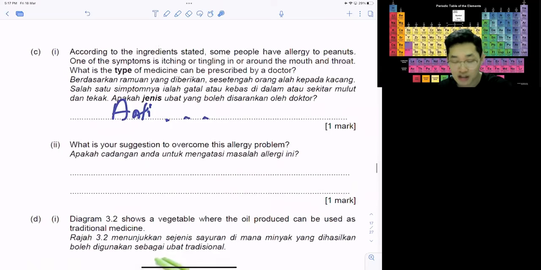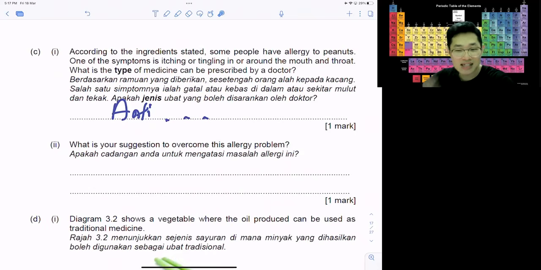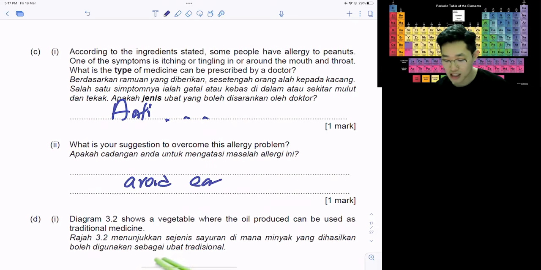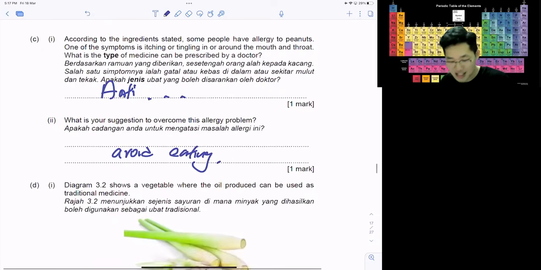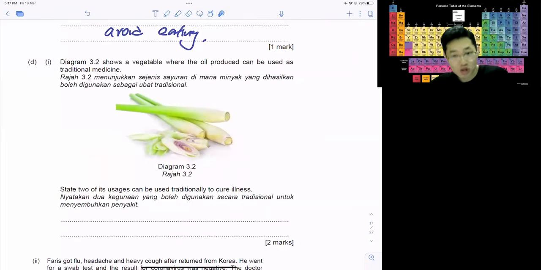You as the doctor see this patient having allergies, so you give them medicine, and then what is your advice? Avoid eating those food. Yes, correct. This is quite common sense: if you're allergic, you don't eat. Of course, it also accepts other answers as long as they are reasonable.